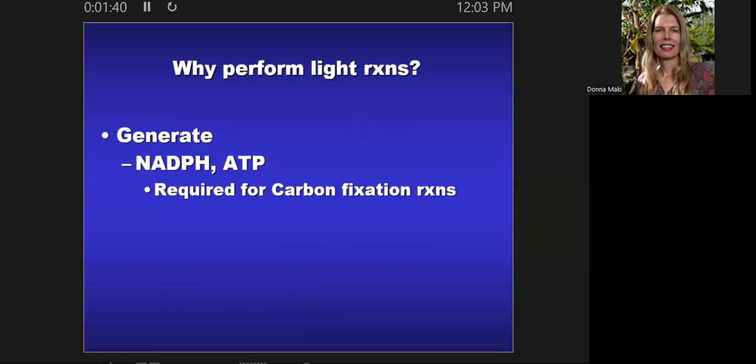And the reason they want to make all of that is that it's then used to make their sugars. So definitely the light reactions and the biochemical reactions that take the CO2 and fix it into sugars, the carbon fixation, they're linked together.